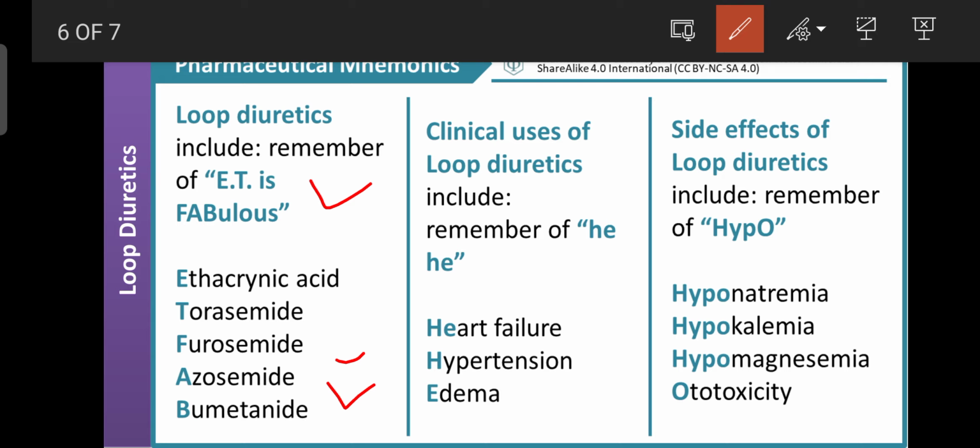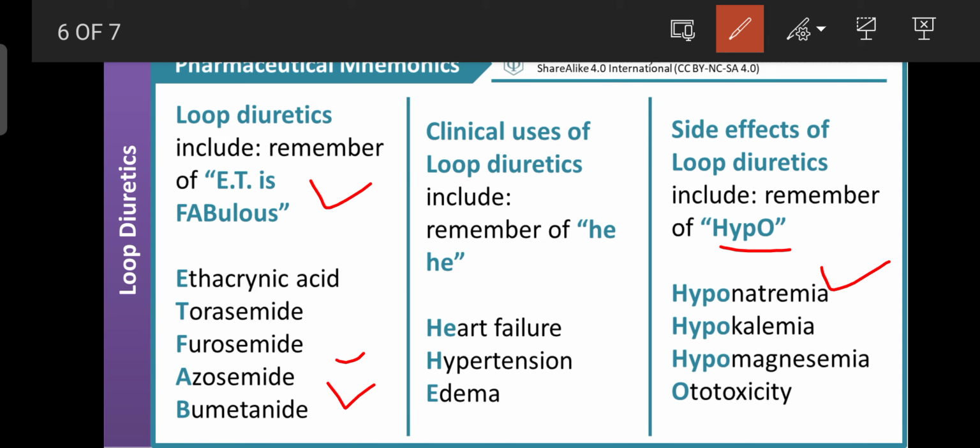So regarding side effects, you should remember the side effects as "hypo". Hypo is the side effect of loop diuretics. Hypo stands for hyponatremia, that is the deficiency of sodium in the blood, because it causes the loss of sodium.